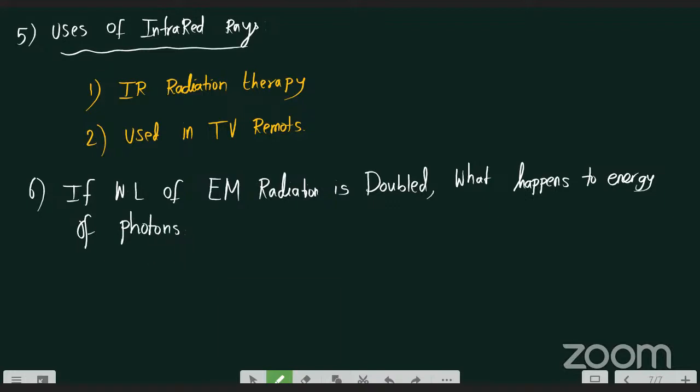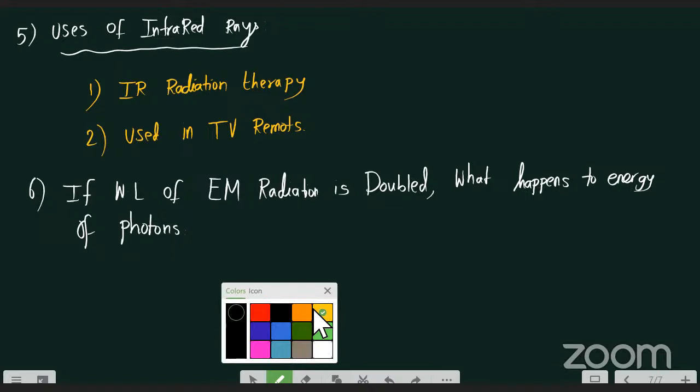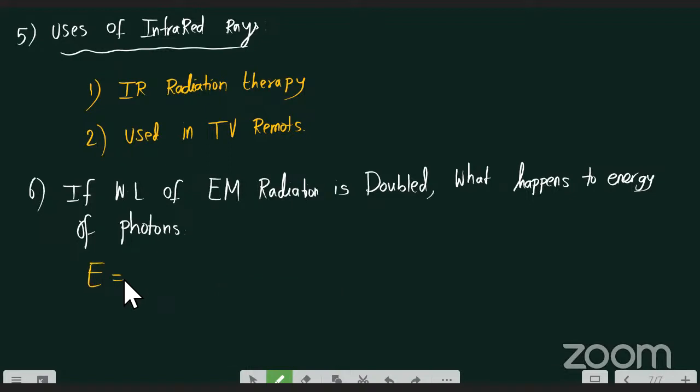See here, what is the relation between energy and wavelength? We know that energy is given as E = hc divided by lambda. The relation between E and lambda is an inverse relation. So I can write E1 by E2 is equal to lambda 2 divided by lambda 1.